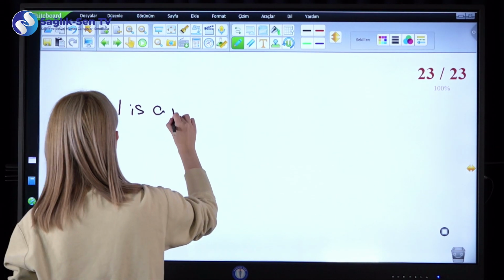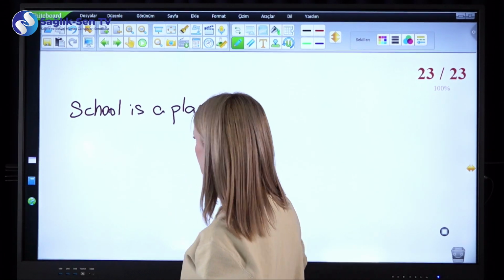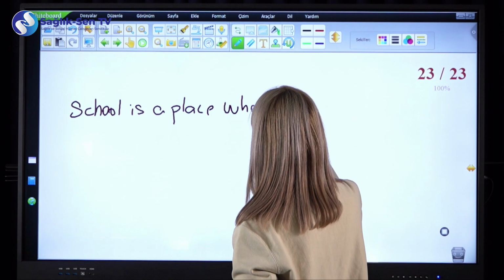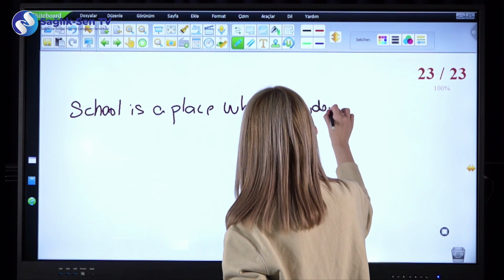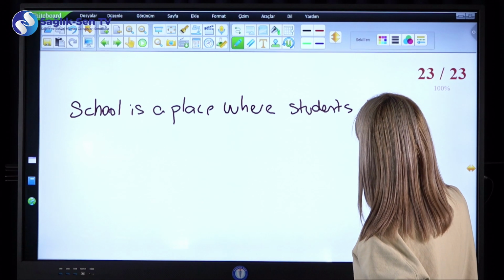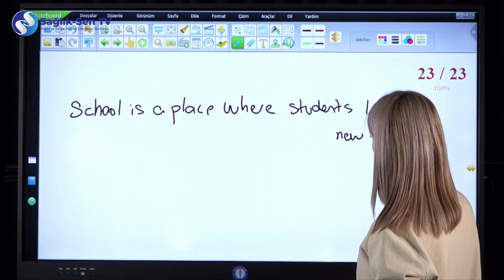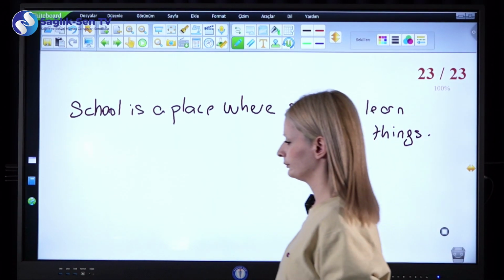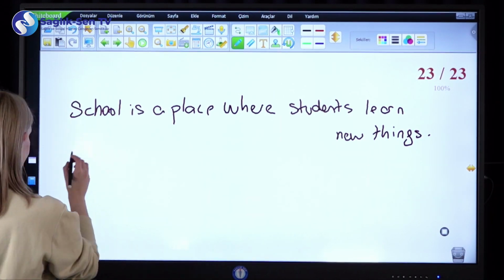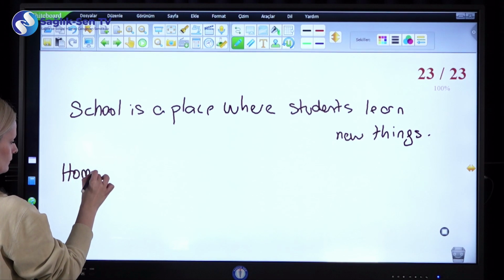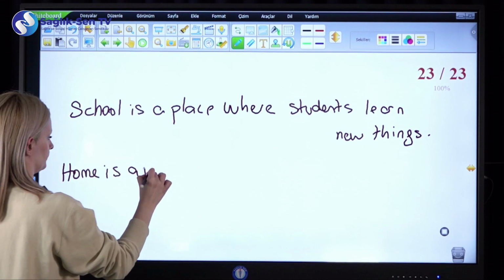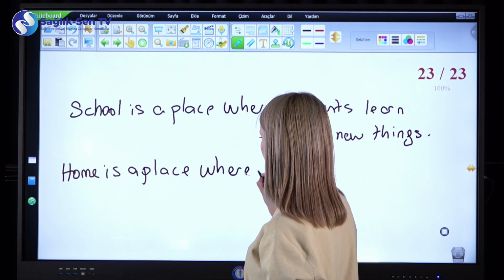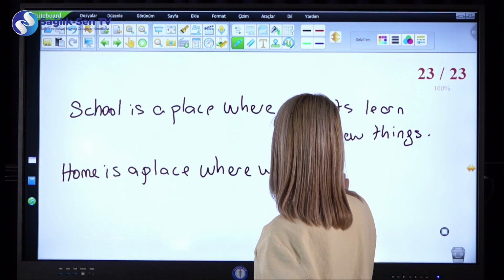School is a place where students learn new things. Or home is a place where we live.